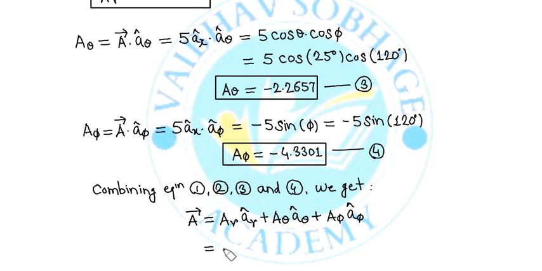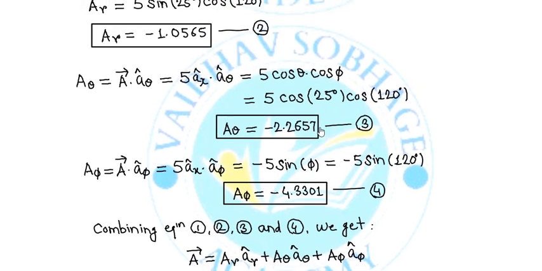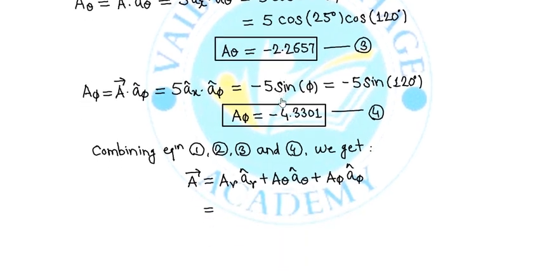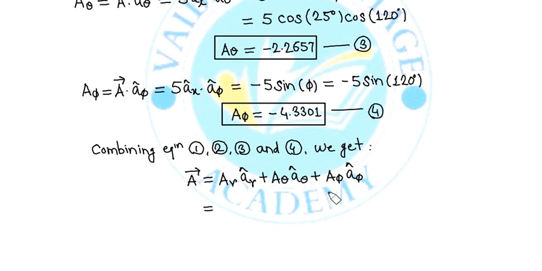Now we are going to put in those values. What value do we have for A_R? We have A_R to be minus 1.0565. So put that value over there: A_R is minus 1.0565 A_R cap.